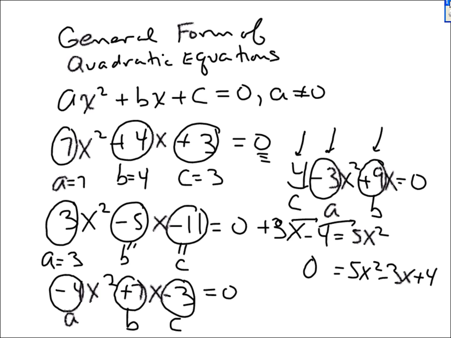And now it does equal 0. The number that x squared is being multiplied by is a. That is, a is 5. And whatever x is being multiplied by is b. And what the constant is, c. Notice I always circle the signs.